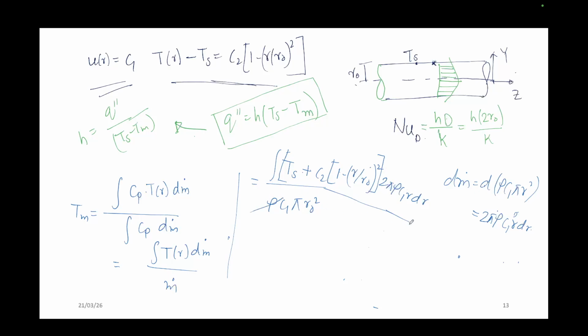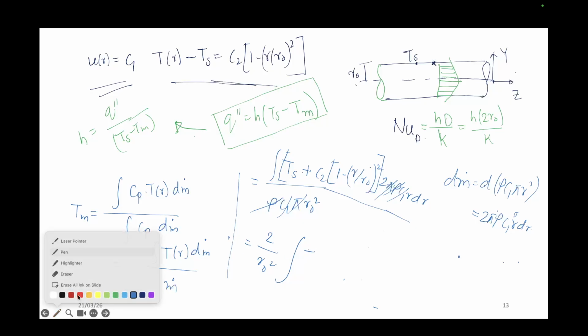So rho is constant, c1 is constant, pi is constant. So what ultimately I will get? This 2 will come out, 2 r naught square, plus integration of this one, r into dr. So Ts is constant, right? So just tell me the value of the integration.